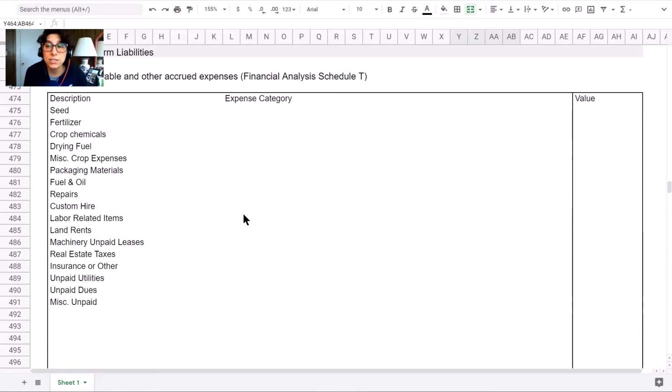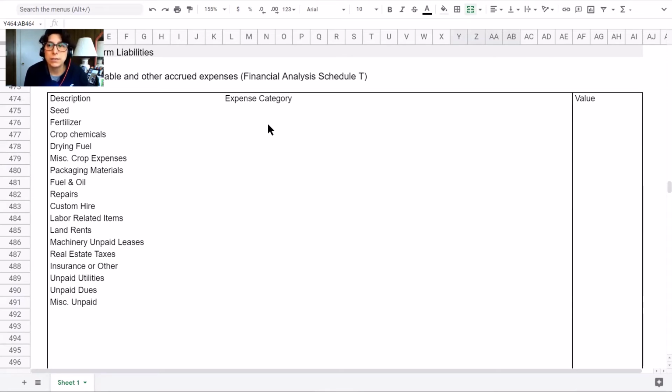It is important to separate and understand the difference between borrowed money and unpaid bills. In cash accounting, unpaid bills have not yet been claimed as a tax-deductible expense, so they would go here.